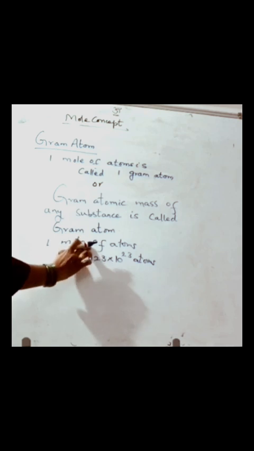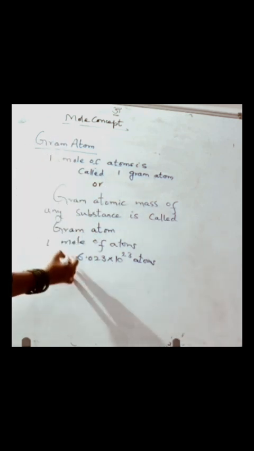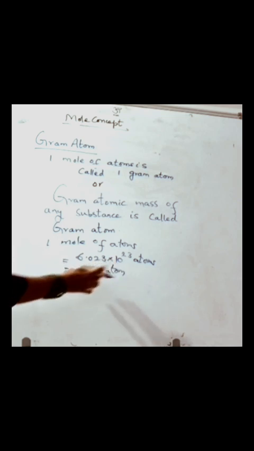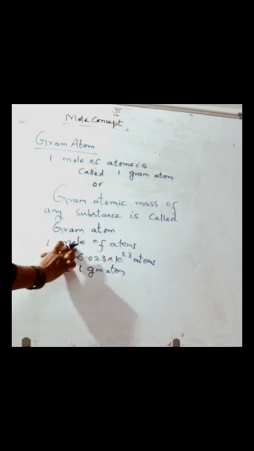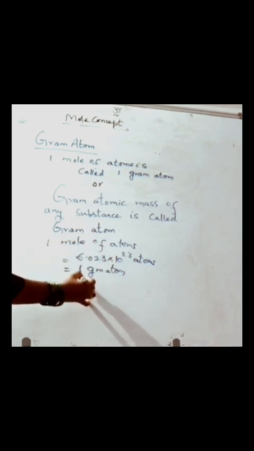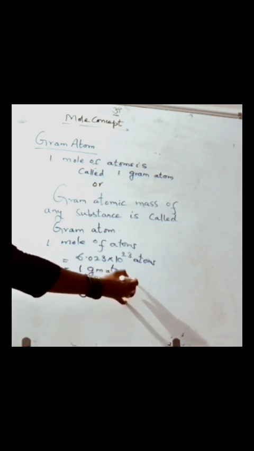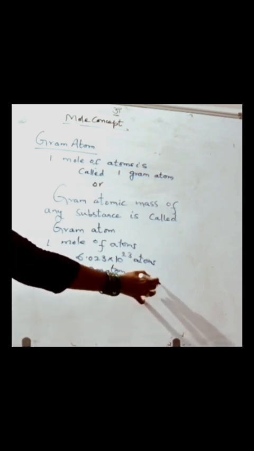This 1 mole of atoms is also called 1 gram atom. And the mass of 1 mole of atoms is equal to its gram atomic mass, or molar mass of atoms.